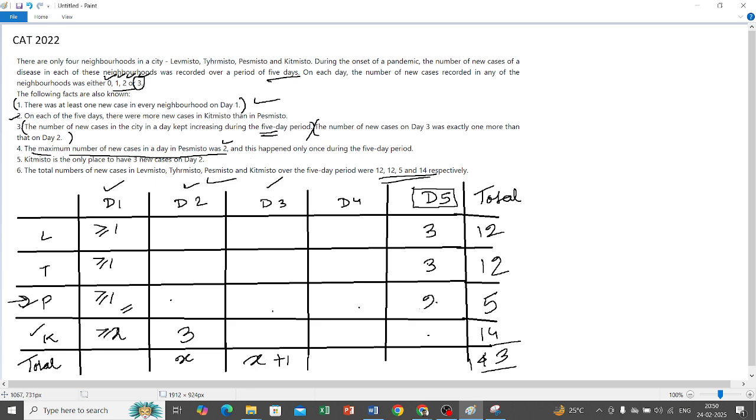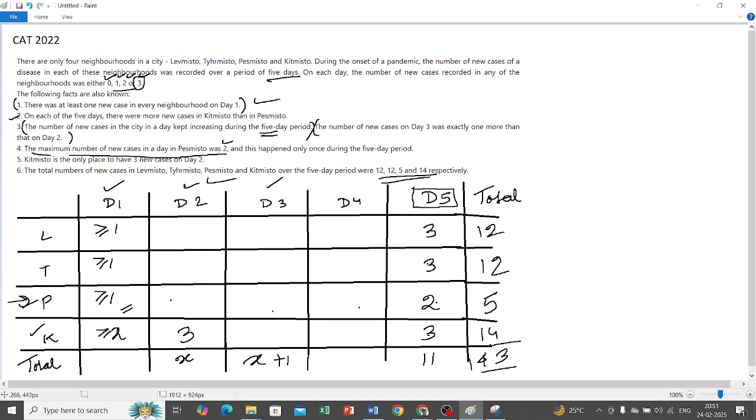So for P I have to put 2, right? I cannot put 3 for P. And then again for K, yeah, in K I can put 3 again. So let me see how many cases have occurred. 3 plus 3 is 6, 6 plus 2 is 8, 8 plus 3 is 11, right?